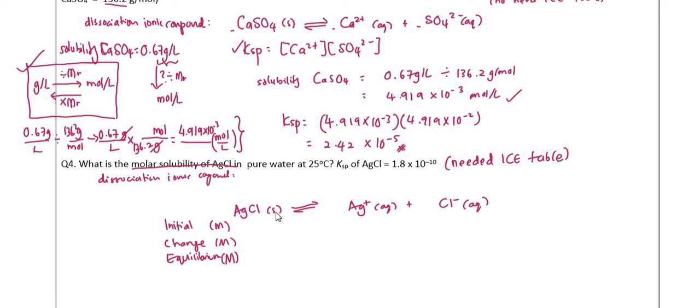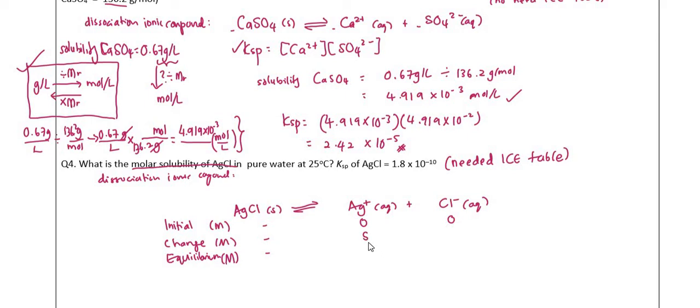Okay, since it is in solid phase, it is not involved in your table. Your Ag plus does not produce yet, so it will become 0 at initial. Change, you put the unknown, like chapter 6, we put the unknown x, right? But for chapter 7, you write the unknown s.